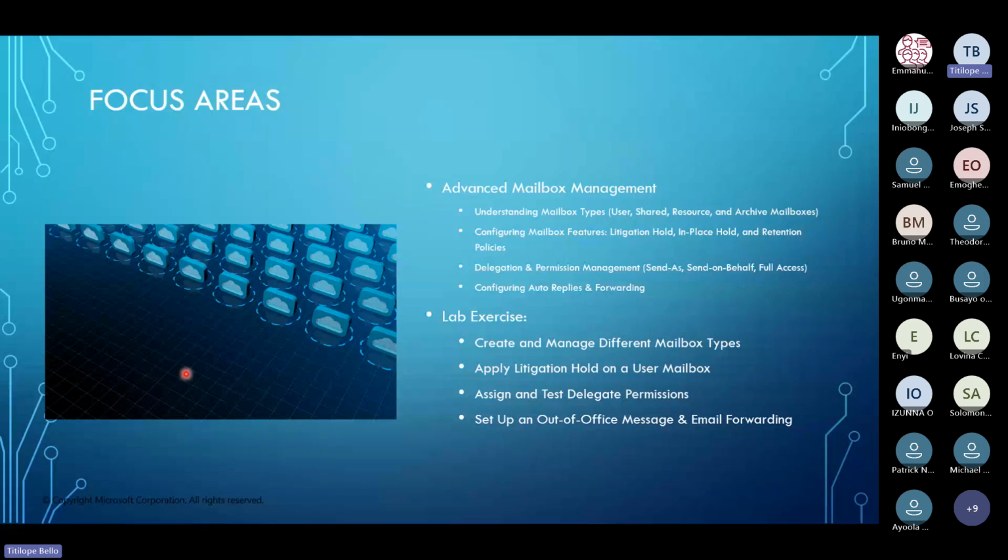But we're just going to talk about these four today. And we will move from there to mailbox features like legal hold, in-place hold, retention policy. We understand what they are for and when to use them, right?